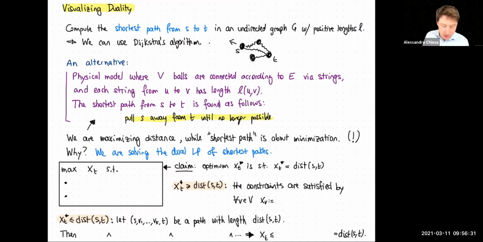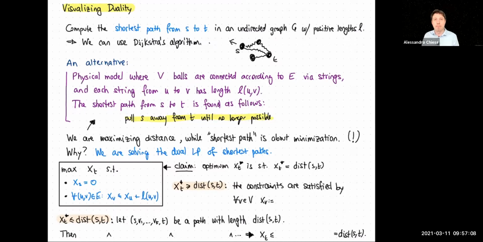Well, first, we want to say that x for the source is 0, x_s = 0. That sounds reasonable because the distance from S to S is 0. And then for every edge, we're going to say that the farther endpoint x_v cannot be further than where x_u is plus the length of the string.